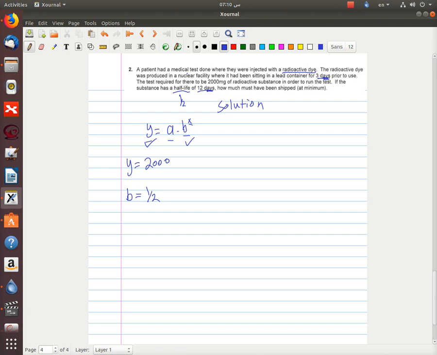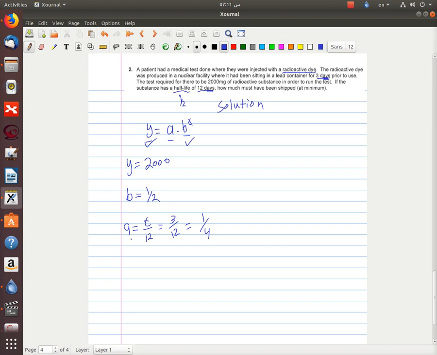I guess x could be the number of days or something, but we have to do some management to it. So a, as you can recall from previous exercises, from a lot of review, a lot of serious studying, you're gonna find out that a is t, which is time, over 12, and t here is 3 days, so we're gonna have 3 over 12, and then we're gonna have 1/4 with simplification.